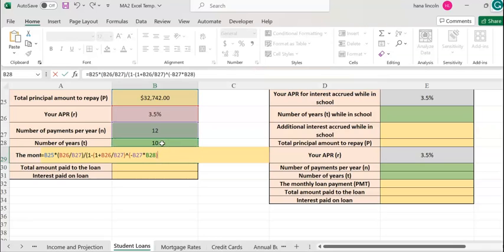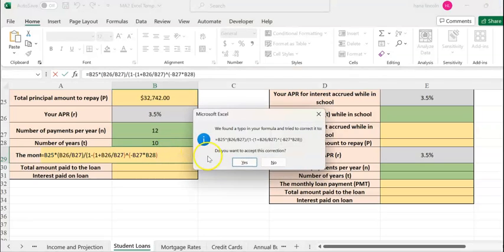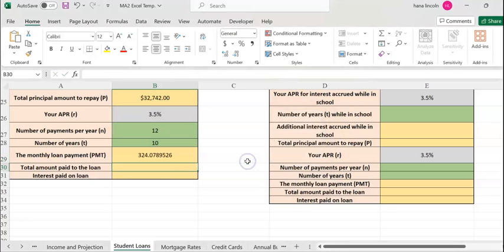Hit enter. Hopefully it's going to work. Here you go. So the monthly payment is $324.79 when you round it up.